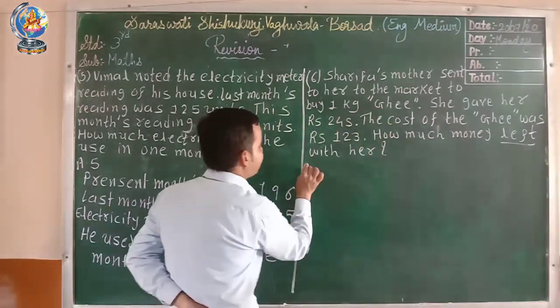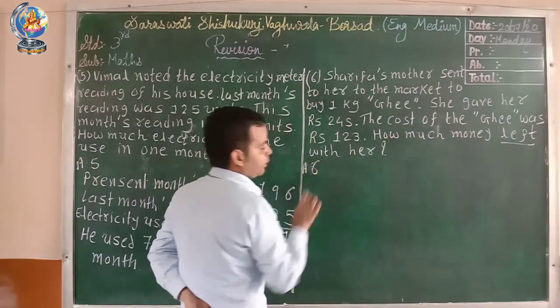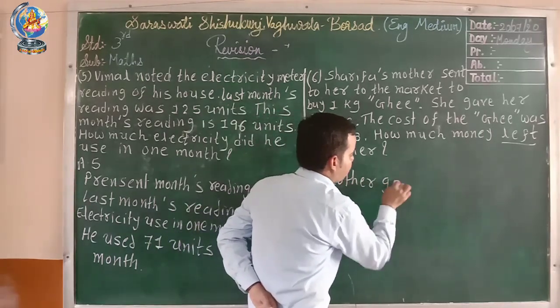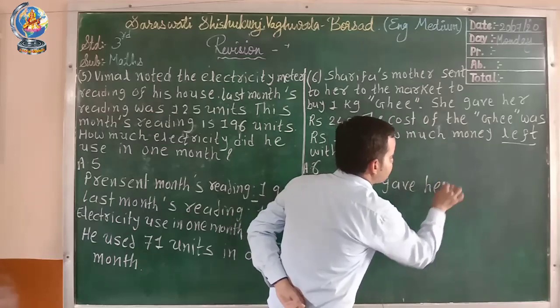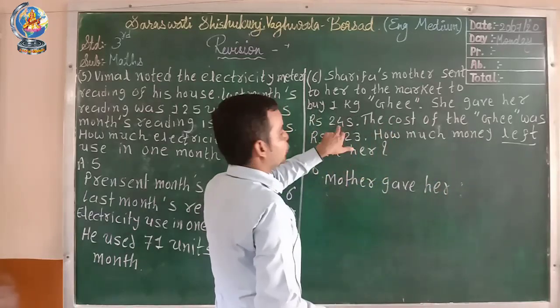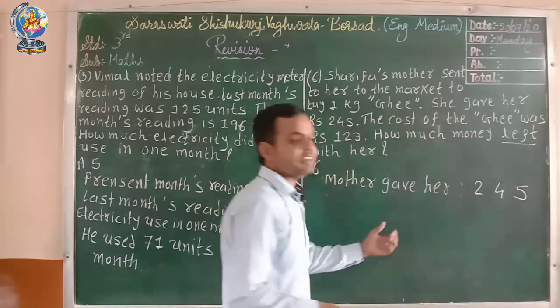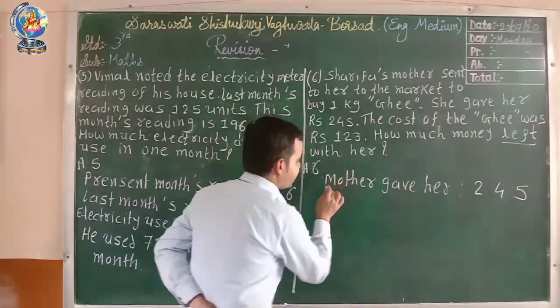So how can we write the answer? Mother gave her 245 rupees. Now what is the cost of ghee? 123.